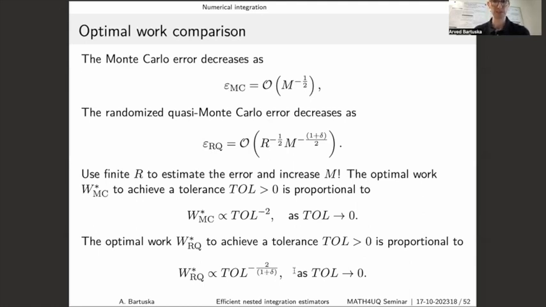This means for delta 0, we get the same work as for the Monte Carlo estimator. For delta equal to 1, the work is 1 over tau. So this is much more efficient and basically also optimal already. It's usually not possible to estimate integrals with a cost which is better than 1 over the tolerance.